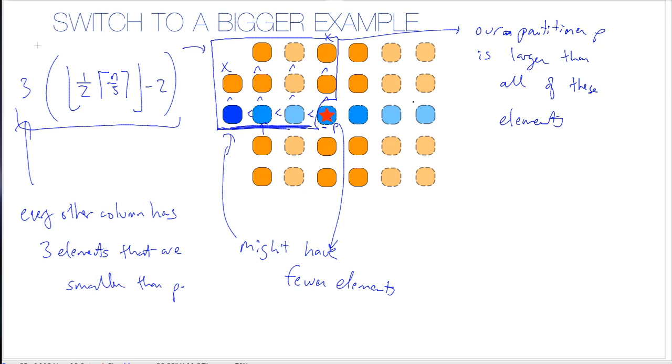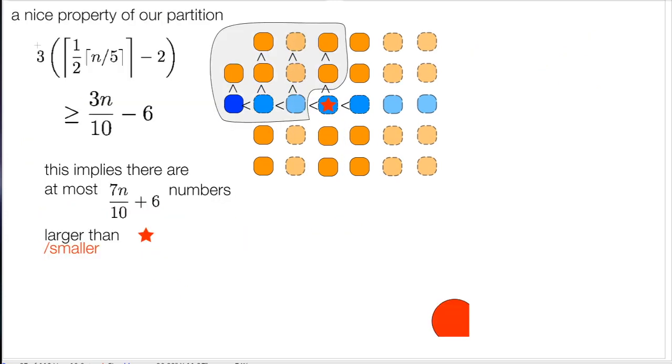The straggler column could be over here at the back, in which case we have a full column over here. That would be great for us, because then we'd have one extra column. This minus 2 is to say, even if there was a straggler, and even not counting my own row, I still have this many rows of elements that are smaller than me. Computing this entire list, roughly 30% of the elements are going to be less than p.